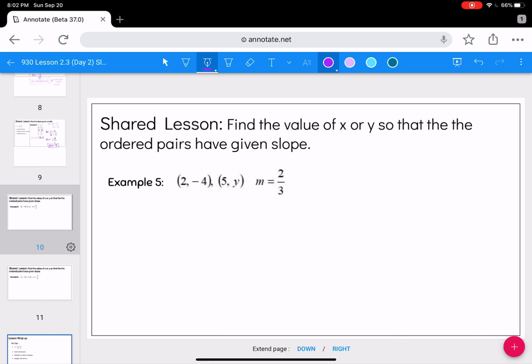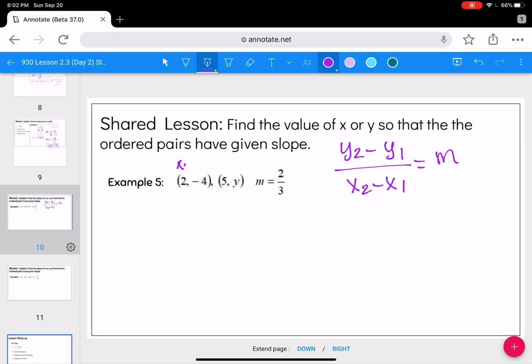Alrighty, now we're going to find the value of x or y so that the ordered pairs have a given slope. So I'm still going to be using my y2 minus y1 over x2 minus x1, and that is equal to our slope. So we're going to, again, label here.